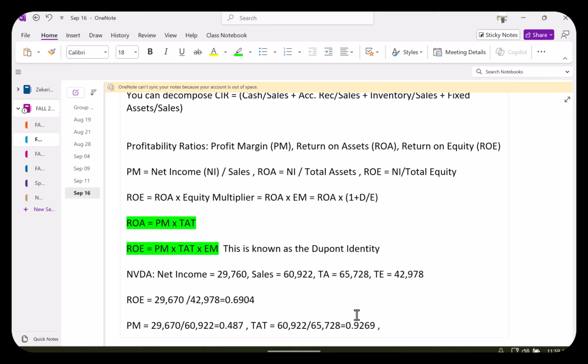In fact, that helps reduce the... on the other hand, EM is total assets over total equity, or 1 plus debt to equity.